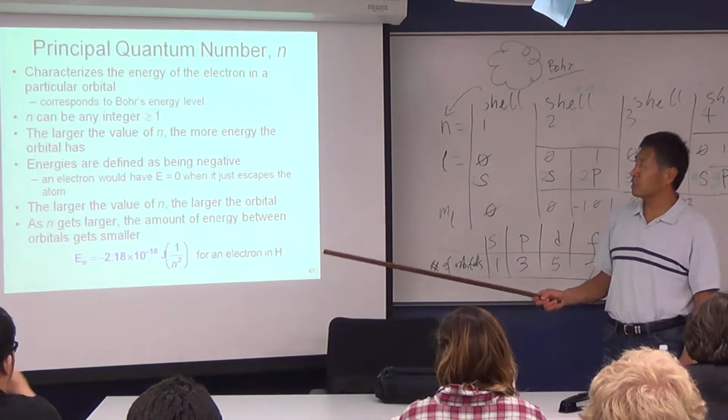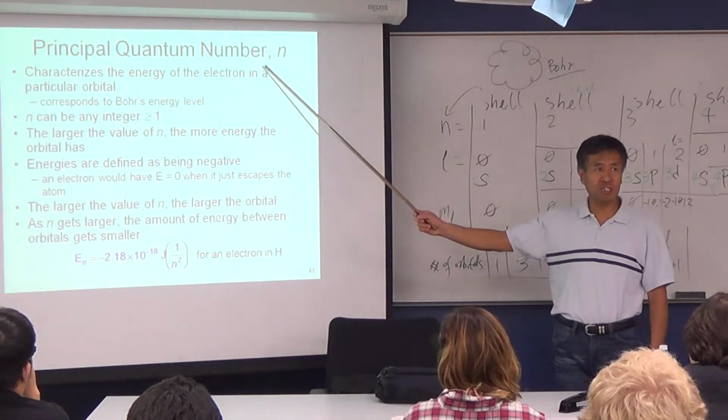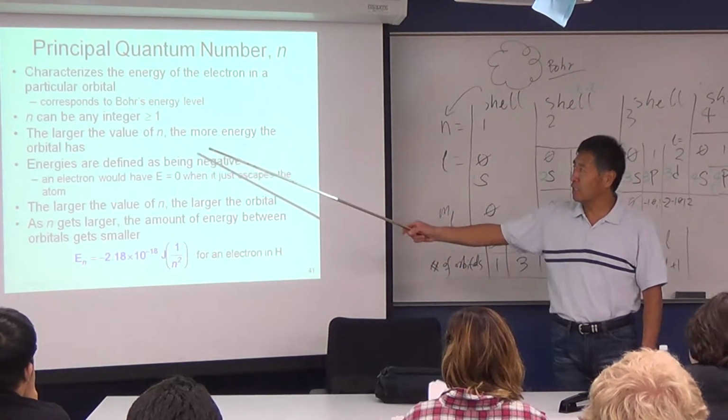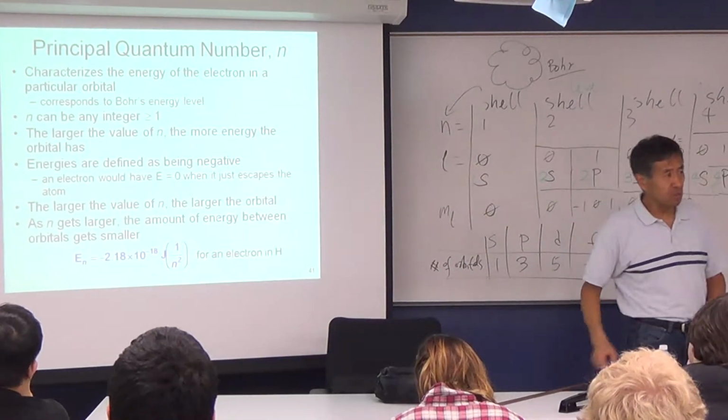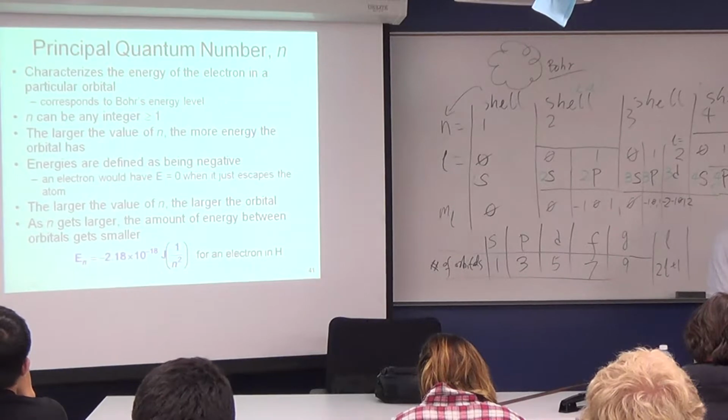And so the first number is also the principal quantum number n, and you can have any number larger than or equal to 1.